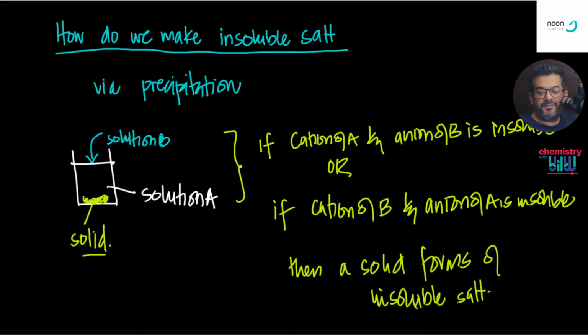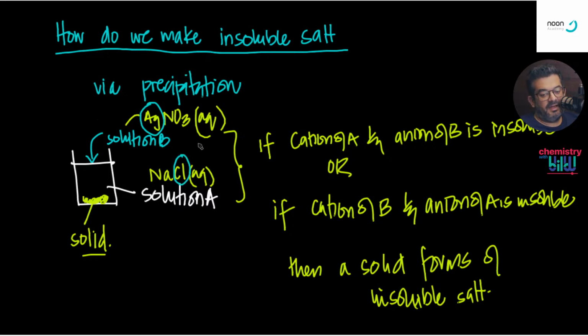Okay, so let's make that. If I take a solution with silver ions, let's say silver nitrate, and I take a solution with sodium chloride, this is aqueous and this is also aqueous, precipitation will happen. Why? Because the silver of silver nitrate and the chloride of sodium chloride will precipitate.